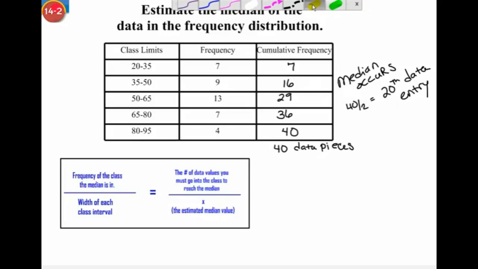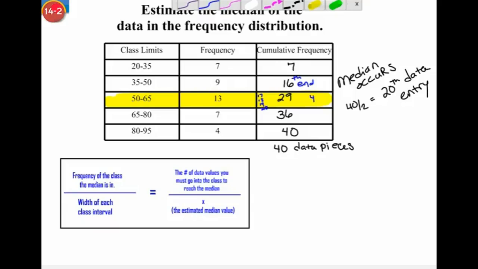I'm looking for where 16 is the end of the 35 to 50 interval. So it appears to me that the median is going to be in the 50 to 65 range. Since the 16th data point ended that one, then I would have the 17th, 18th, 19th, 20th data point.